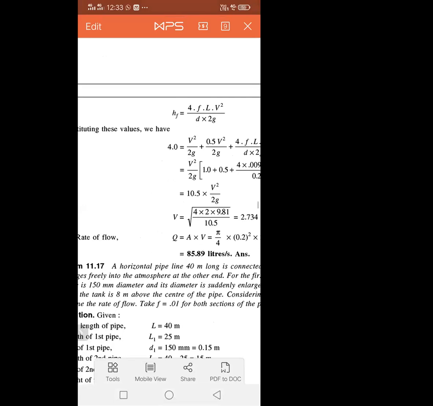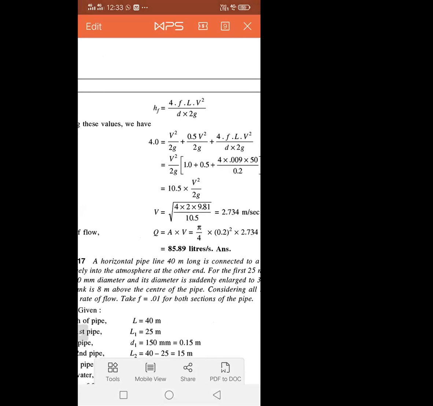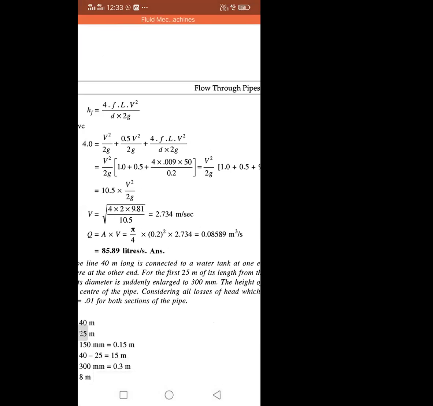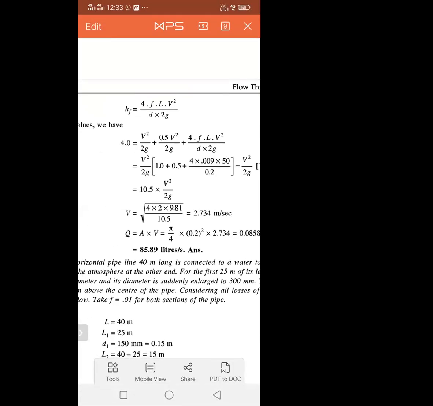And hf is to be calculated by the given formula 4 f L V square upon 2 g D. Then calculate V, which is equal to 2.734 meter per second, and then calculate the rate of flow or discharge, which is Q equal to area into velocity, and it will give 0.08589 meter cube per second, or 85.89 liter per second, is the rate of flow.